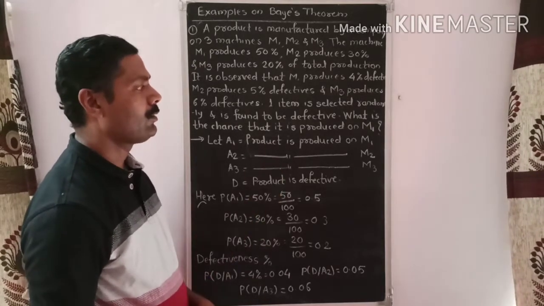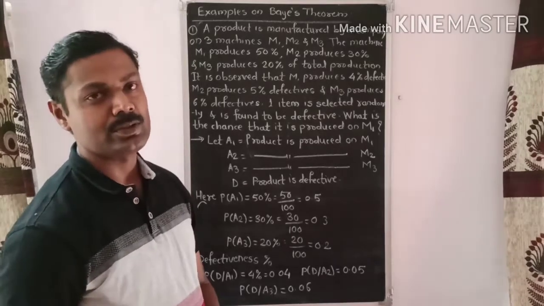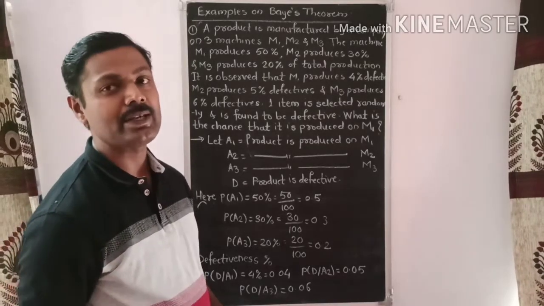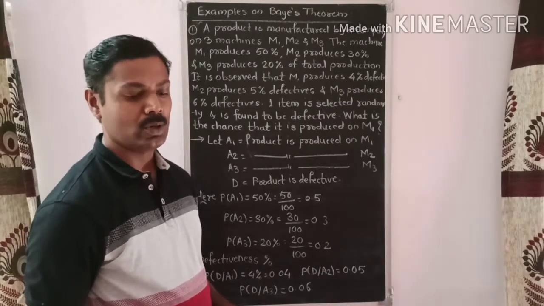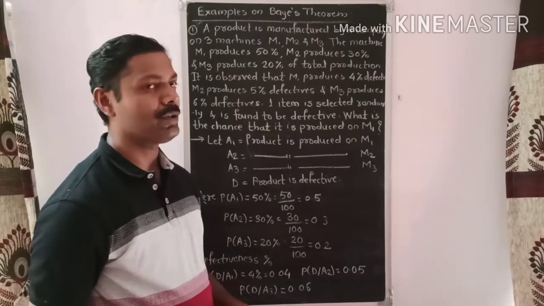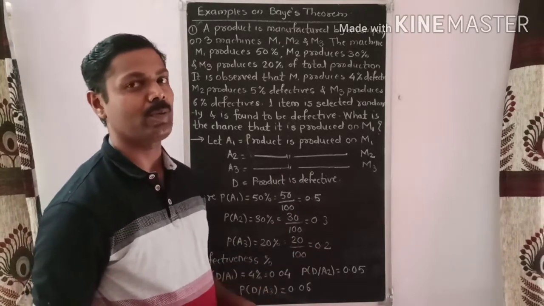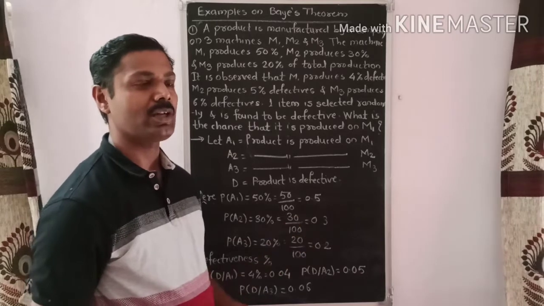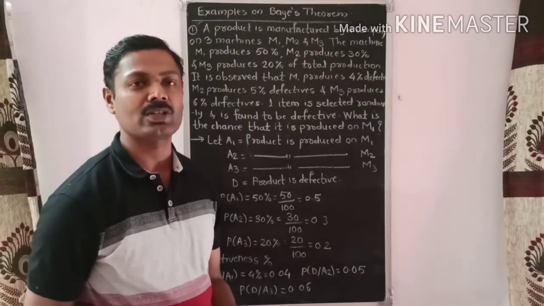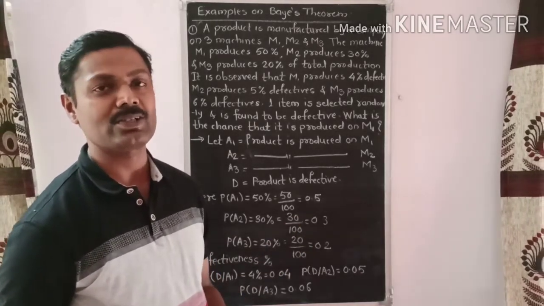So for these types of examples we can use the Bayes theorem, because in this example we have been given two types of information: information about production and information about defectiveness, that is, the percentage of production and the percentage of defectiveness.